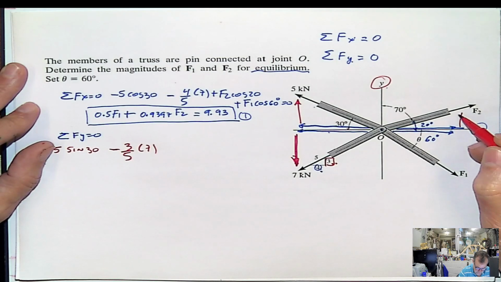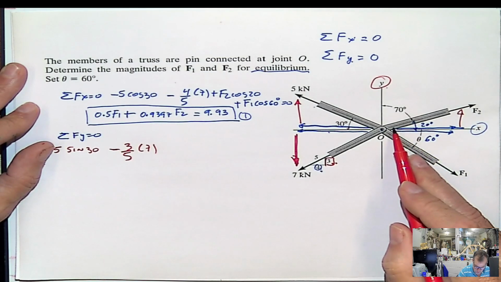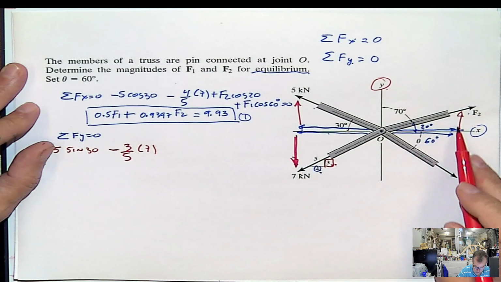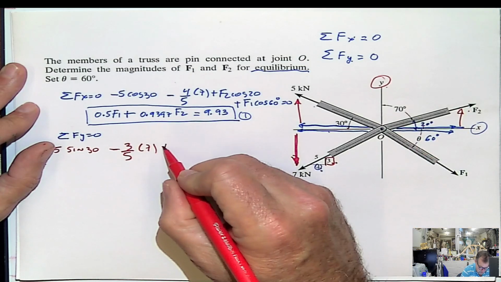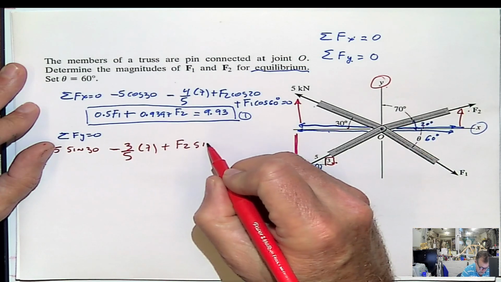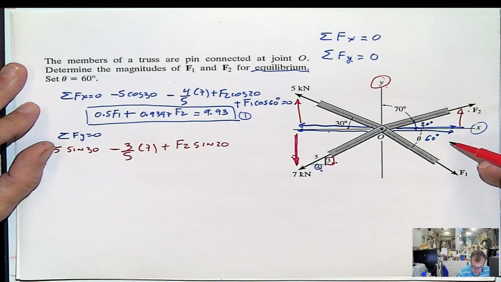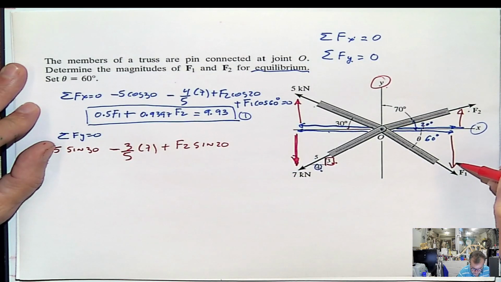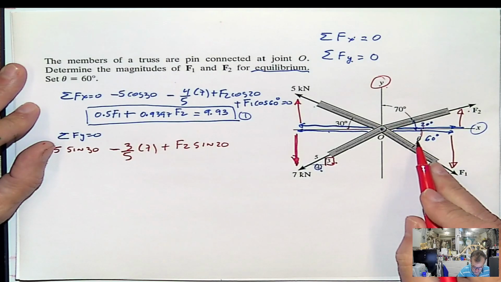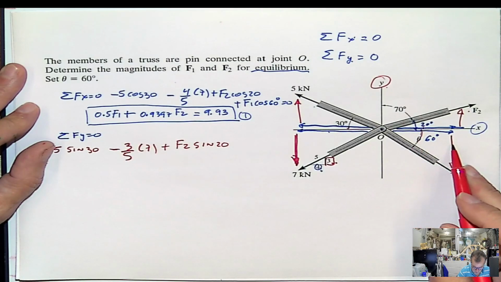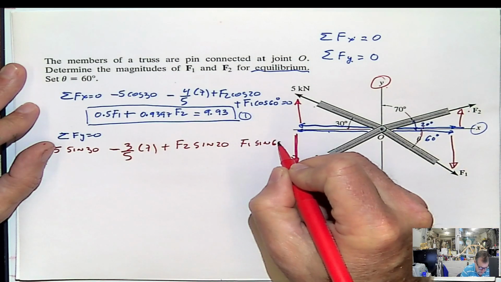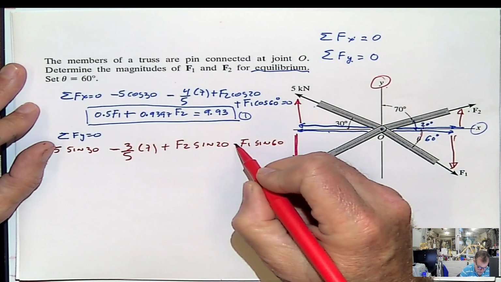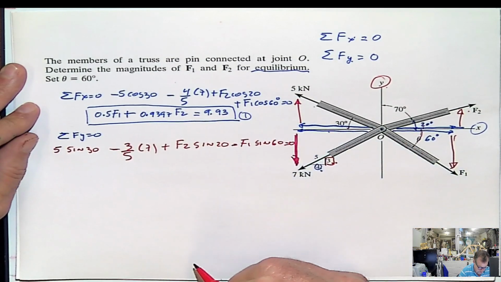Now the other component for F2 will be F2 sine 20, once again because it's opposite to the 20, plus F2 sine 20. And then the other component for F1 is also sine of 60 because it's opposite, F1 sine 60, but it's negative because it's pointing in the negative direction, equals 0.